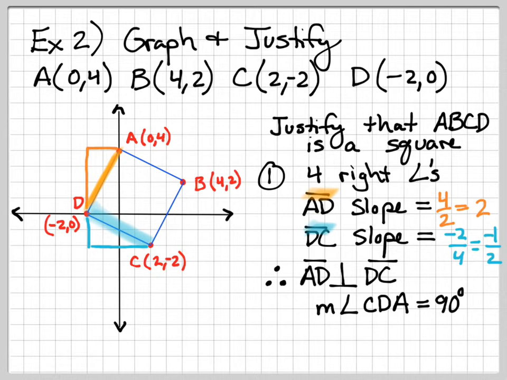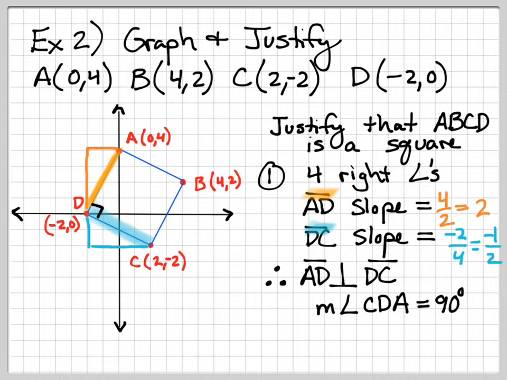And I can come over here to my drawing and indicate that this is a 90-degree angle. And again, I know this because the slopes are opposite reciprocals. So I take the fraction, I flip it, change the sign.